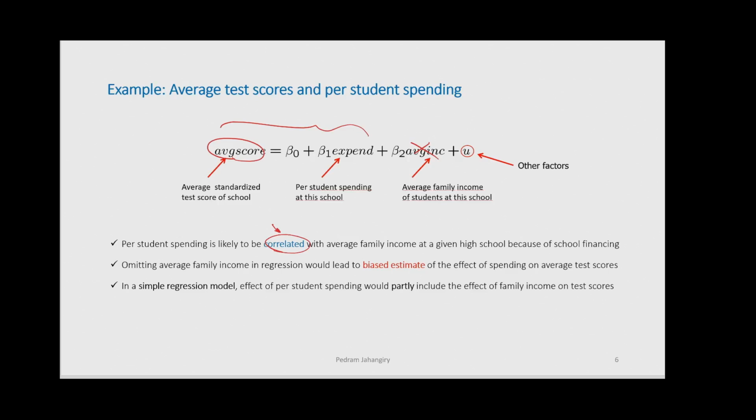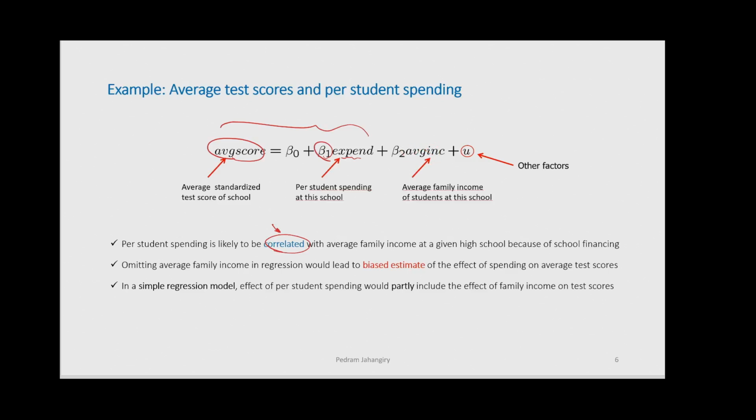Most probably the coefficient of expenditure, beta 1, which the model calculates without average income, is going to be biased. That's a biased estimate, because it is not the pure effect of expenditure on average score anymore. It's a combination of the effect of expenditure and average income on average score, but in the simple regression model we are simply ignoring this variable. So that's why beta hat 1 is going to be biased.